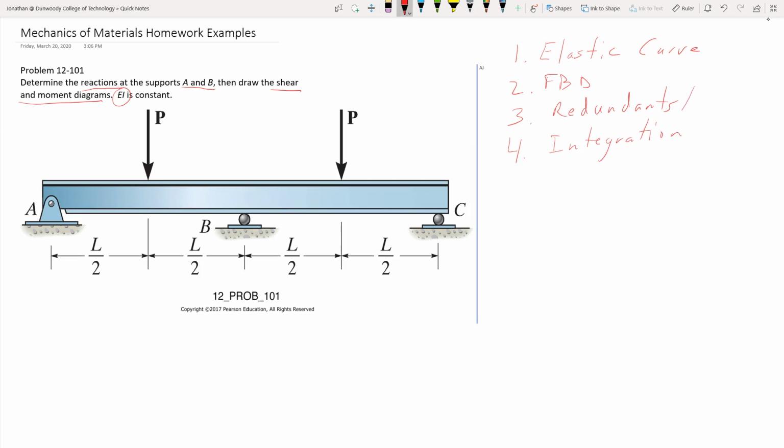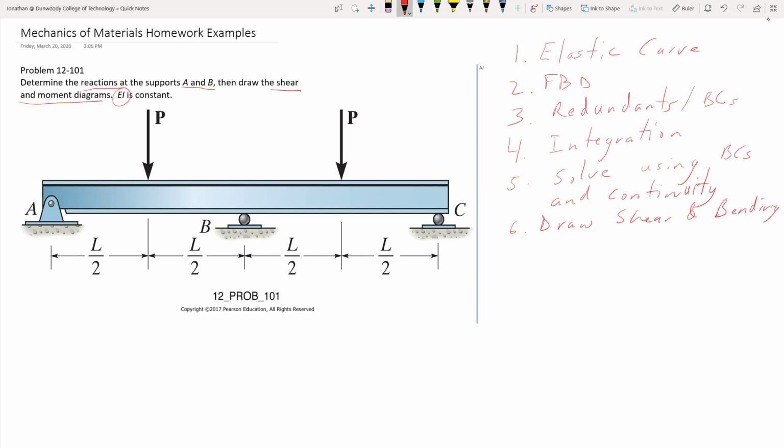We'll have redundants and then our boundary conditions. We'll solve using our boundary conditions and continuity. And then step 6, we'll draw shear and bending. So that's the approach we're going to take.